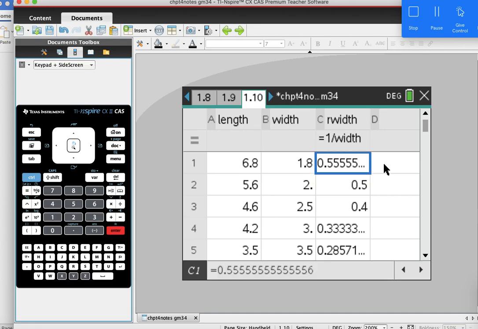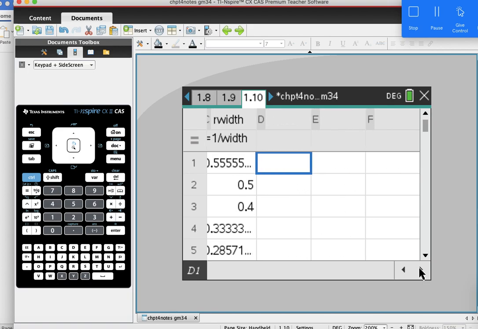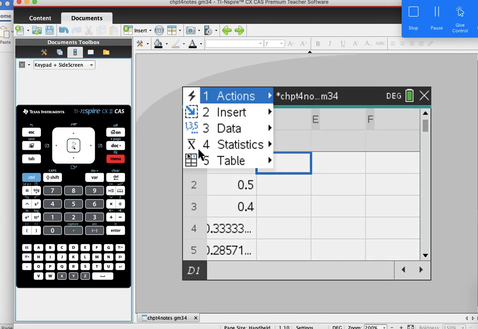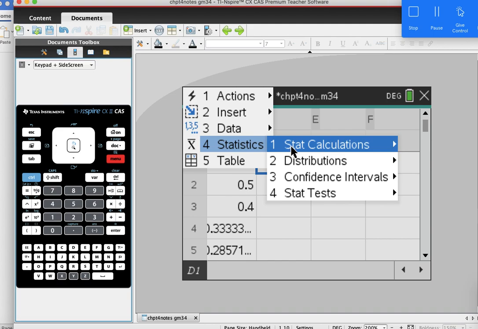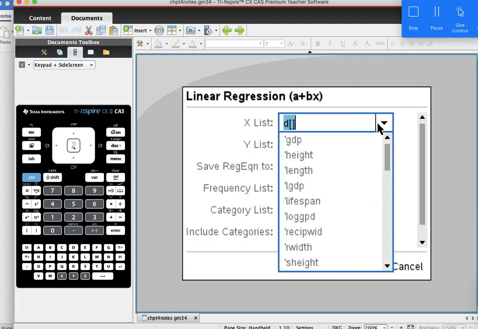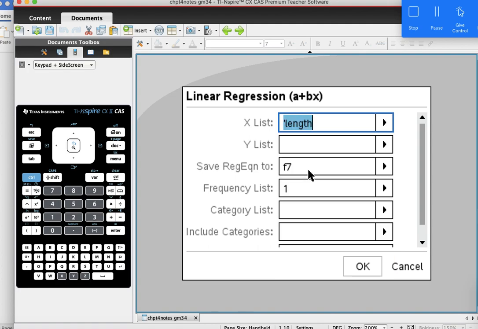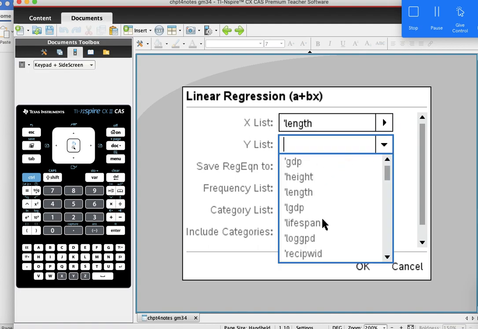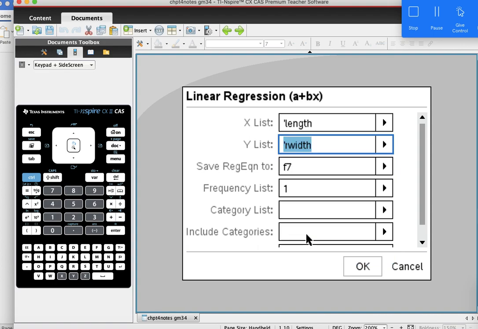So now we want to get the equation. I'm going to go menu, stat calculation, a plus bx. The x list I did not change, which was length, but the y list is the reciprocal of width. Click OK.